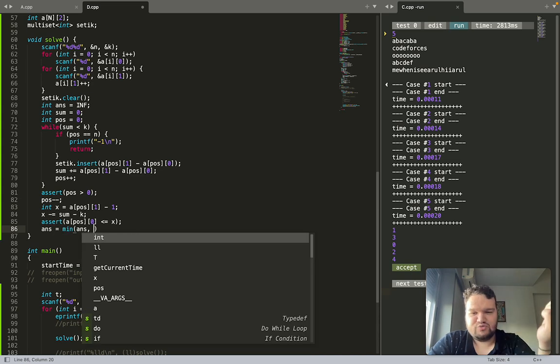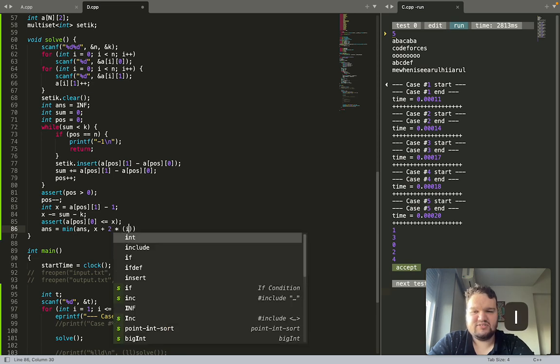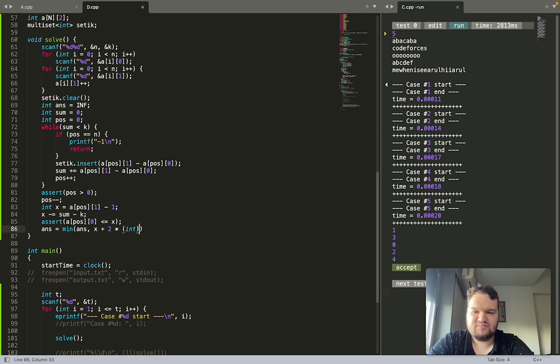So I need to reach point X, and I need to spend 2 times the number of segments, but that's the size of the set. Or actually it's plus 1, I guess. But look, that's the more right way to write this.